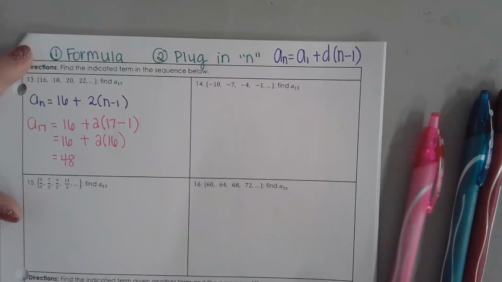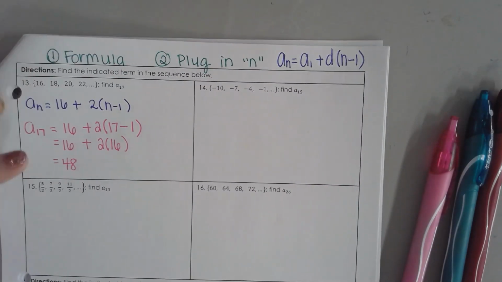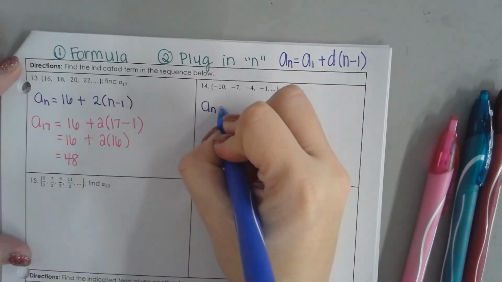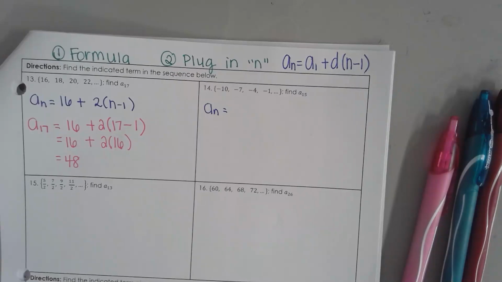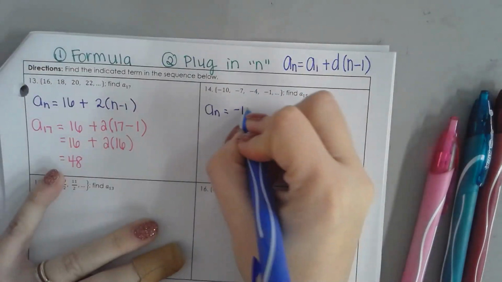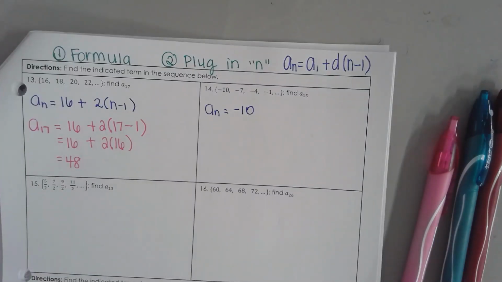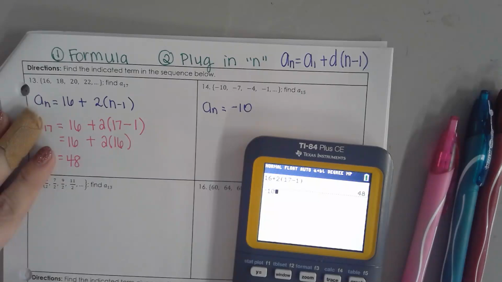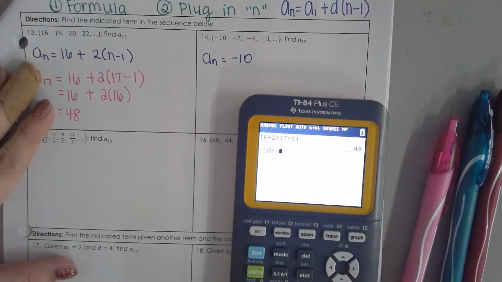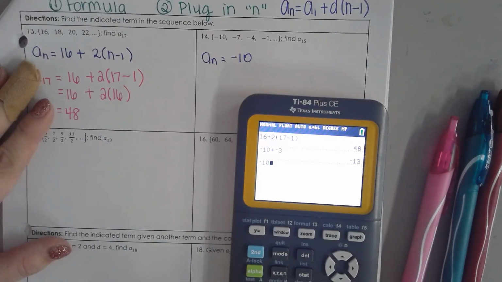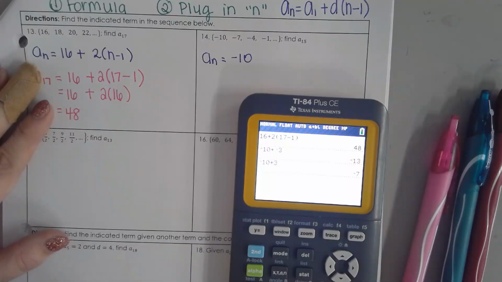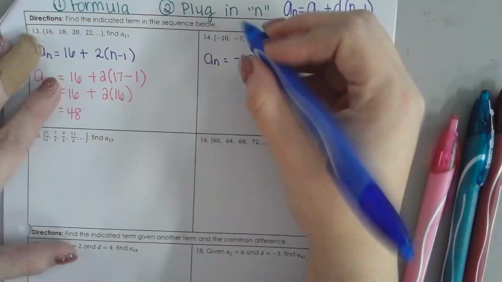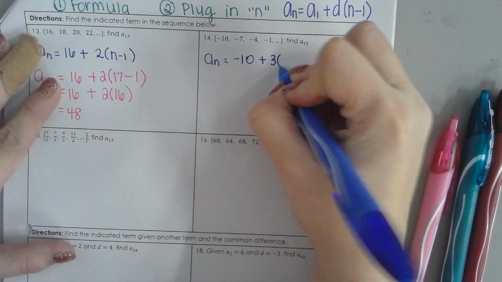Number 14. Start with the formula. What is A1? Negative 10. What is the common difference? What do I add to negative 10? 3. 3 or negative 3? 3. You add 3, so plus 3, and then (n minus 1).